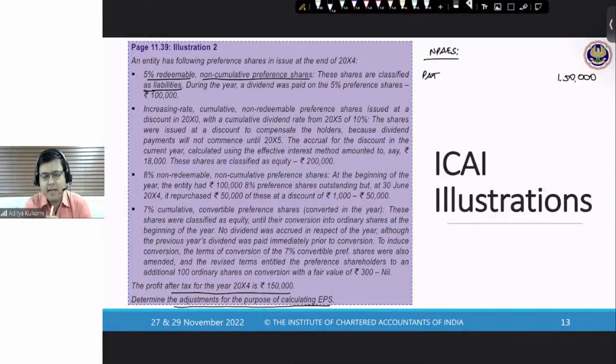During the year, a dividend was paid of rupees 1 lakh. Now I want you to tell me, should I make an adjustment for this 1 lakh rupees or should I ignore it? If I have to ignore, tell me why. You can have a look at the charts that we had prepared in the last class.